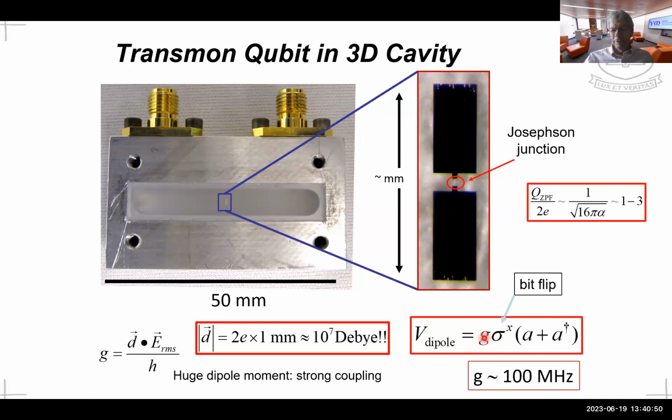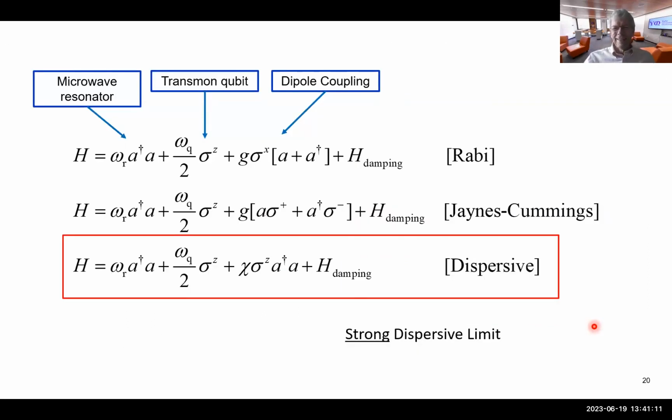And that's the coupling g. And I vividly recall struggling to calculate this number for the first time and get the units right and get the factors of volume to drop out. And when it came out 100 megahertz, I thought, wow, we might be onto something here. This should be observable.